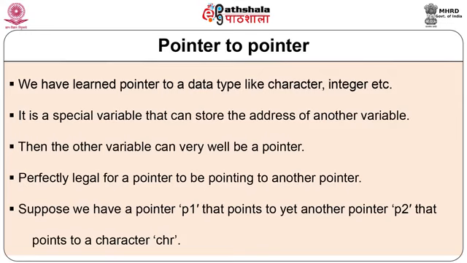This means that it is perfectly legal for a pointer to point to another pointer. Let us suppose we have a pointer P1 that points to another pointer P2 that points to some character. That is also possible. So in pointer to pointer you can treat one pointer for another pointer using the pointer to pointer concept.